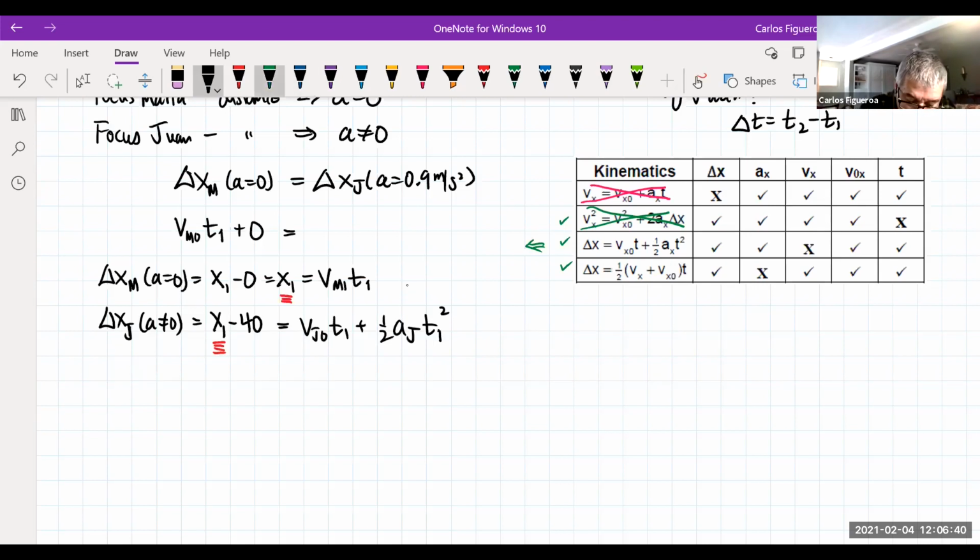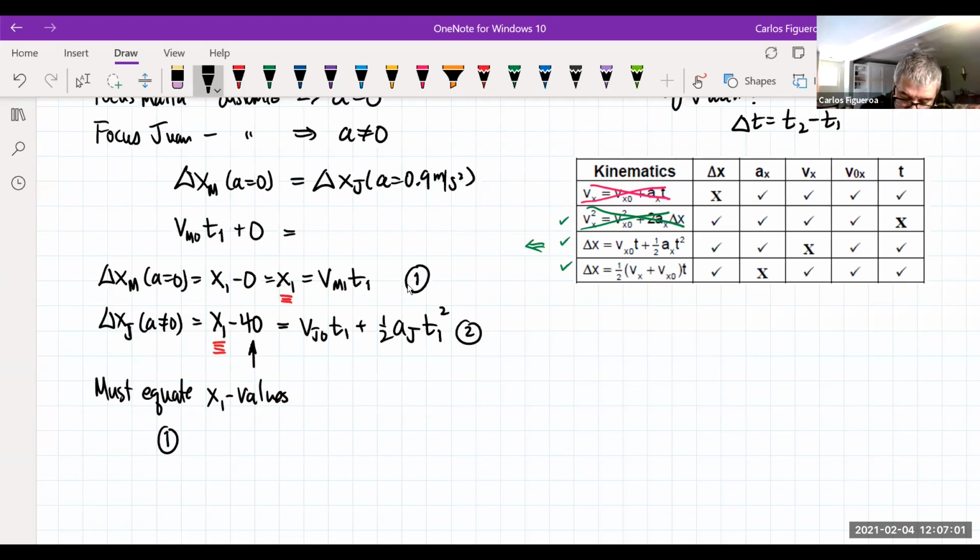Note how I have this 40 that I have to move to the other side, because we must equate x1 values. So I have equation 1 and equation 2.